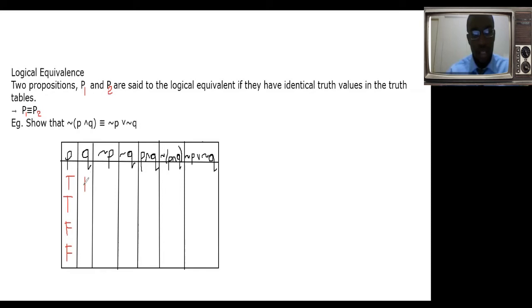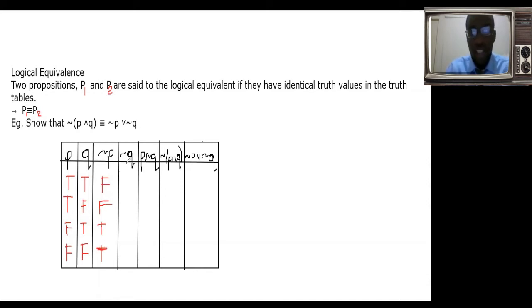And for Q: true, false, true, false. Then we have not P. What is not P? Not P is the negation of P. The negation of true is false. The negation of true is false. The negation of false is true. And the negation of false is true.